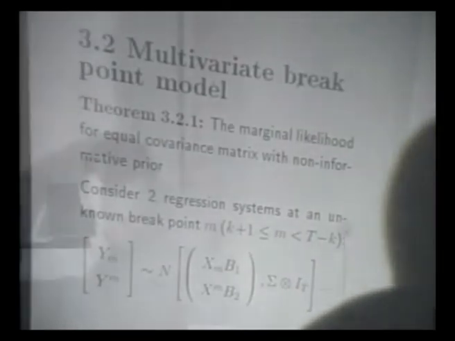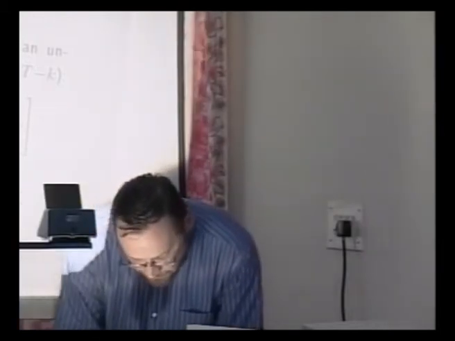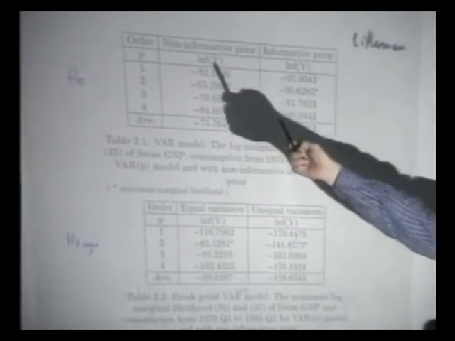And this is, if I want, to show you some empirical results. That's exactly what we did with this simple two-dimensional consumption and GDP model. We calculated the marginal likelihoods for non-informative priors, for fractional priors, and for informative priors.